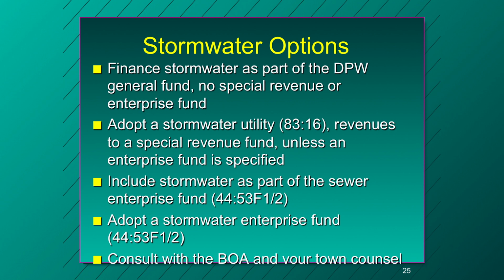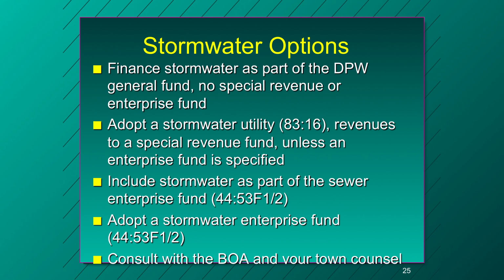Scenario 2, you adopt a stormwater utility by enacting Chapter 83, Section 16. Revenues go to a special revenue fund unless you identify that they're going to go to an enterprise fund. That's similar to the water surplus account for those of you familiar with Chapter 41, Section 69B.